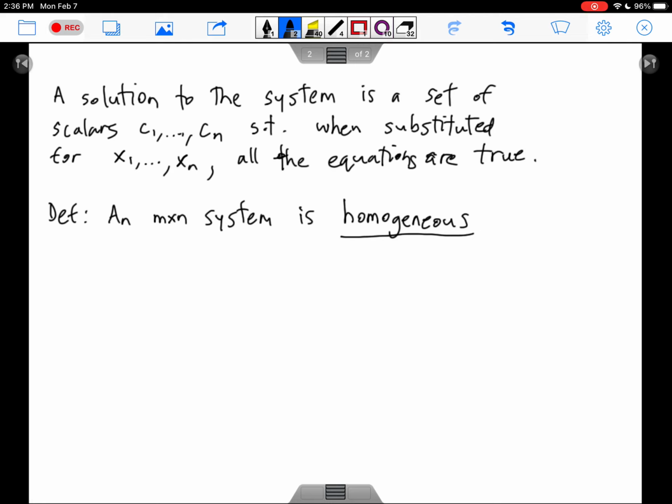If all of the system constants, so if all the bj are 0 for all j. In other words, b1, b2, b3, all the way up to bm are all equal to 0. In other words, your system looks like this. A times x is equal to 0.